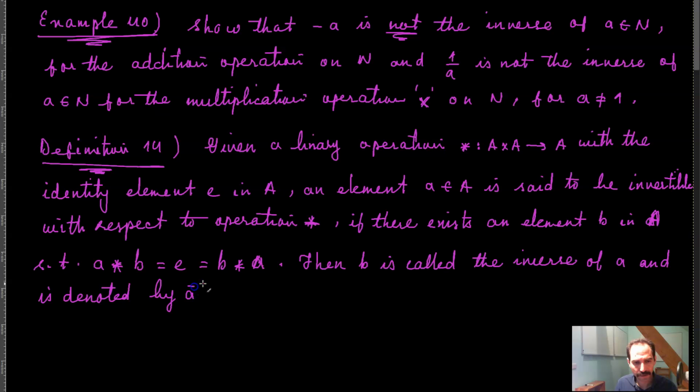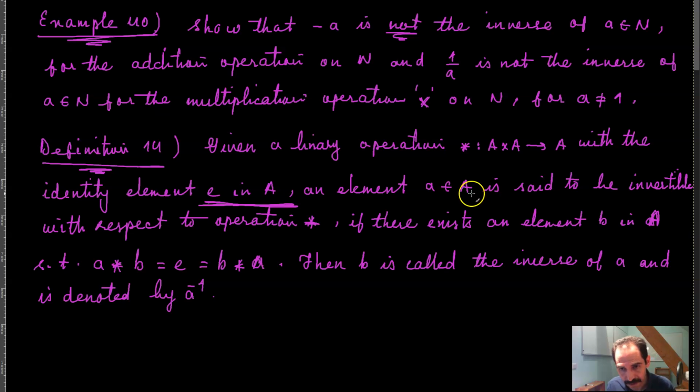A inverse, right? So what that means is that first of all, we have a binary operation star on A with the identity element E in A that exists, with respect to the operation that we have here.